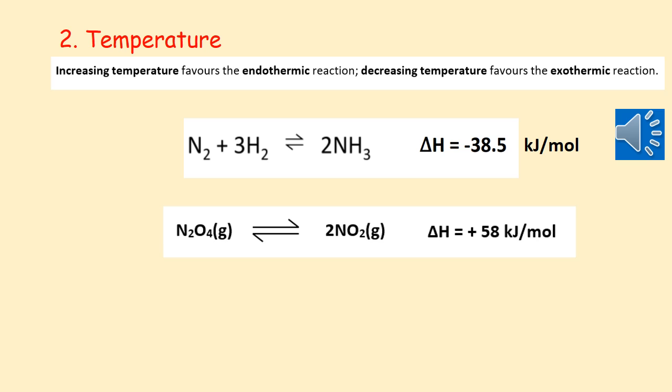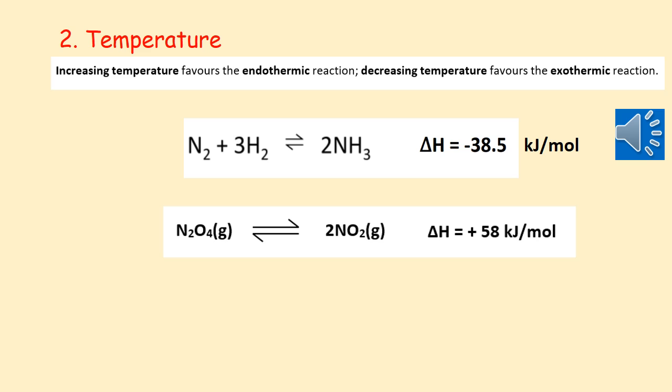Now, what does all of that mean? Well, in science and in maths, a triangle like that is the Greek letter D, which is a delta, and it's used in maths and science to mean the change in something. Now for this one here, we can call the H, we can say that stands for heat.